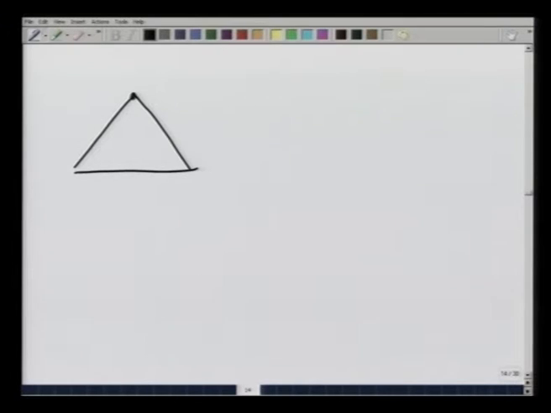If I go to point 2 here, then according to the way we have made forces, point 2 would be feeling a force this way, which is F 23, a force this way which is F 12, which we have already determined to be W over root 3, and a force this way which is W.